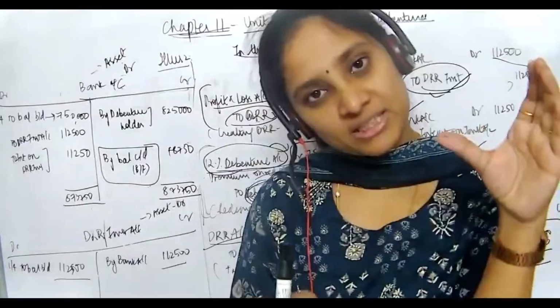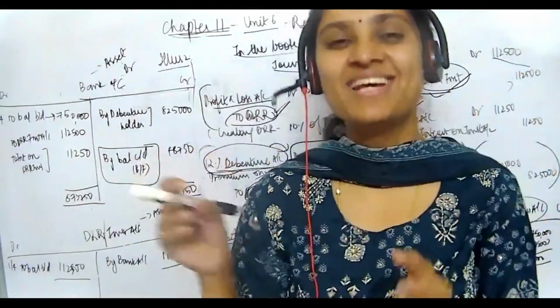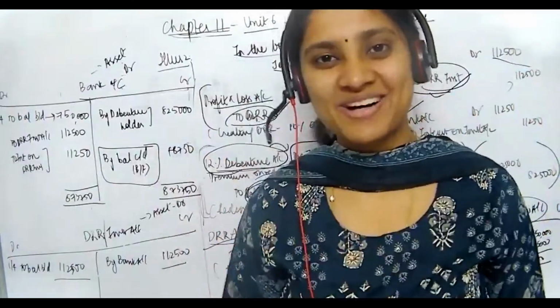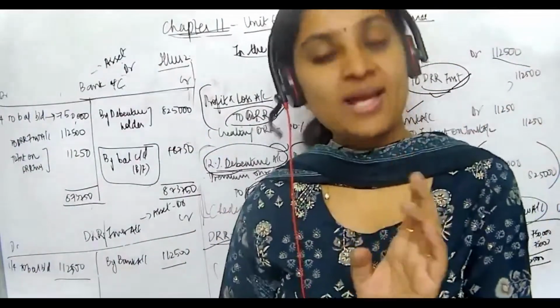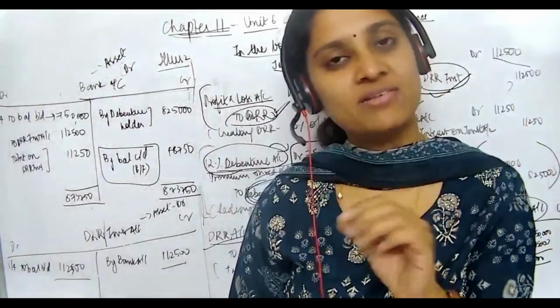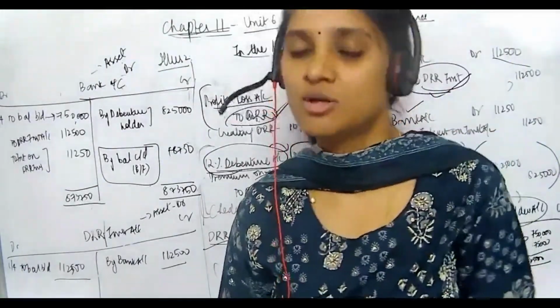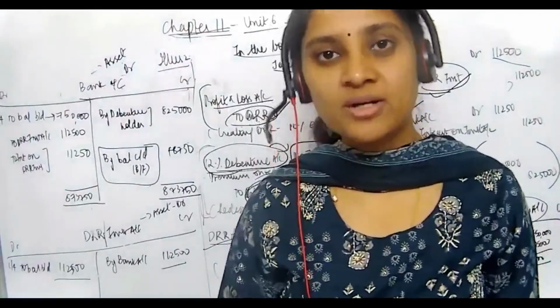They are touching about shares also. They're touching about the debentures also. But technically under redemption, it is only redemption of debentures that you have to make a note of. Okay. But in the question, they will not say this unit only I will ask, that unit only I will ask. For you or for them to test, they will combine all the units and give it to you. No problem. Then also you can do it, no?